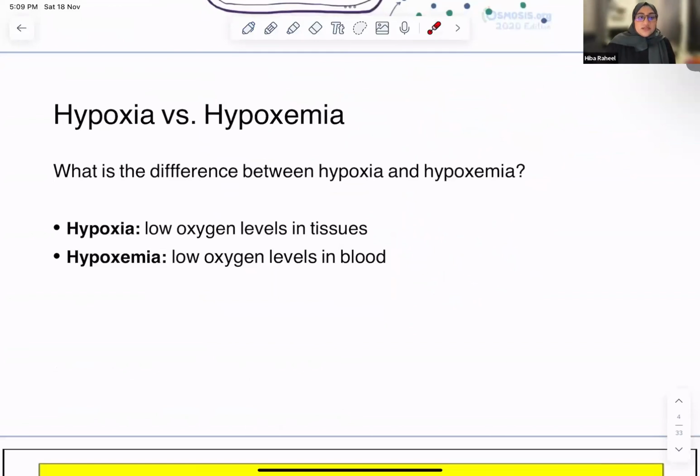All right, now let's talk about the difference between hypoxia and hypoxemia. Hypoxia is when there are low levels of oxygen in the tissues. This is very important to know. Hypoxemia is a low level of oxygen in the blood. So the problem is not with the tissue, the problem here is with the blood. In hypoxia, two things can happen.